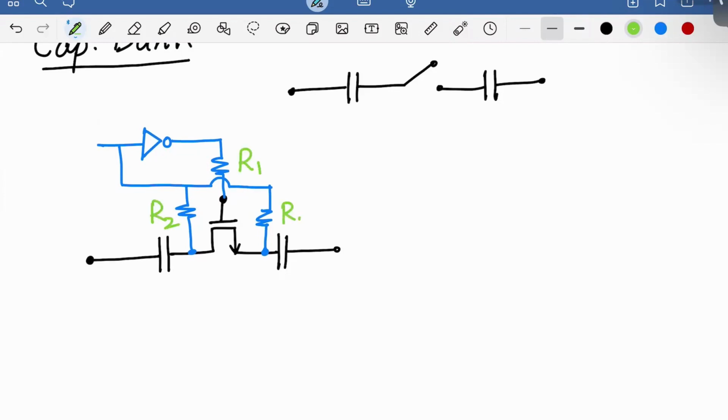This is R2, R2. And maybe I'll call this C2, C2. And we'll call this M switch. Okay. And this is your M inverter, maybe. Inv. All right. So first, let's discuss the role of R1.